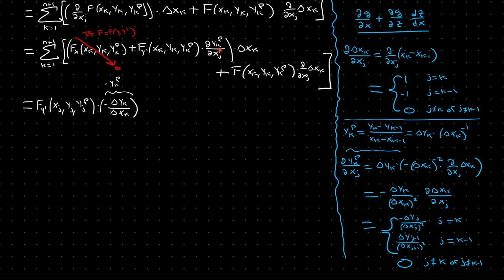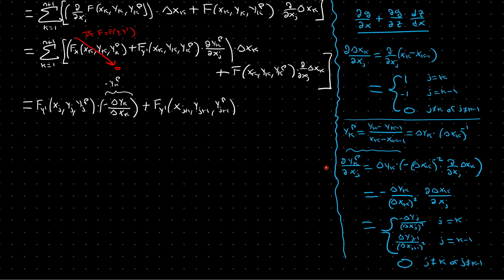That's the other non-zero term from this sum. So you have plus fy prime of xj plus 1, yj plus 1, yj plus 1p times delta yj plus 1 over delta xj plus 1 squared times delta xj plus 1.